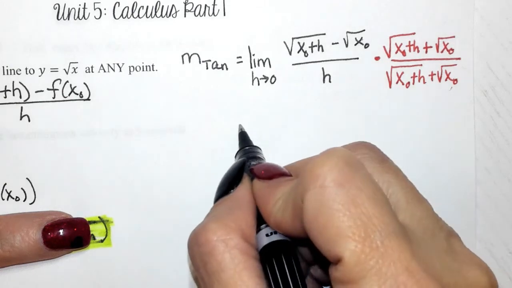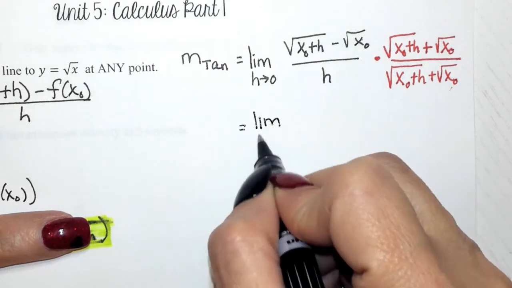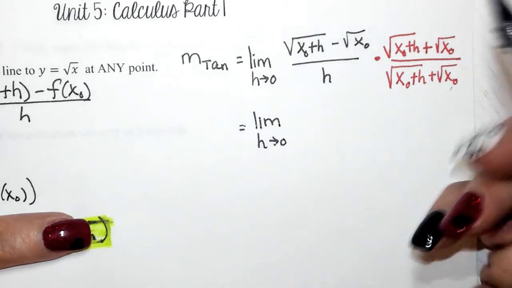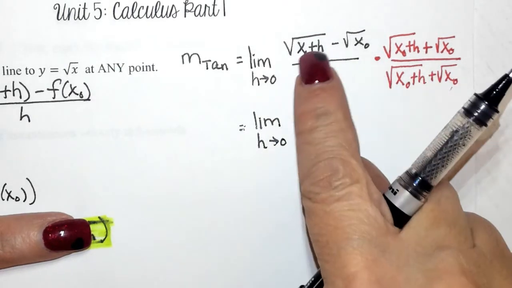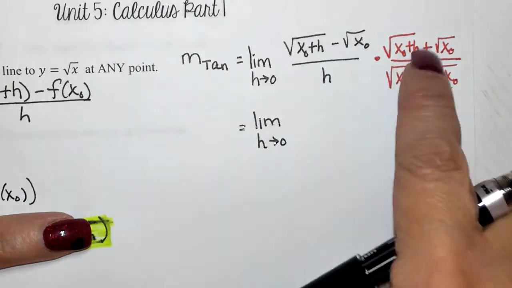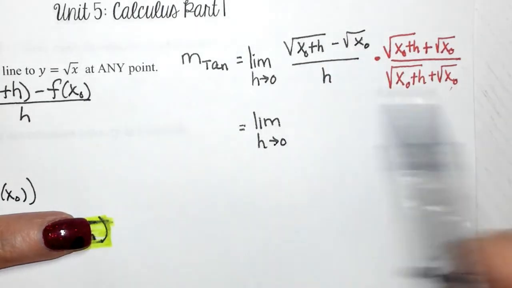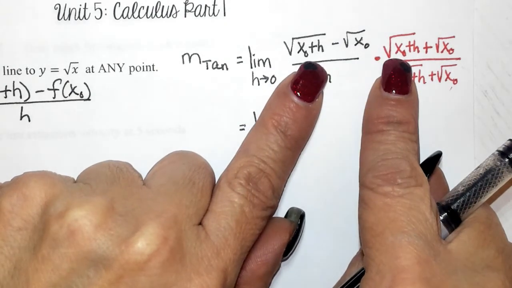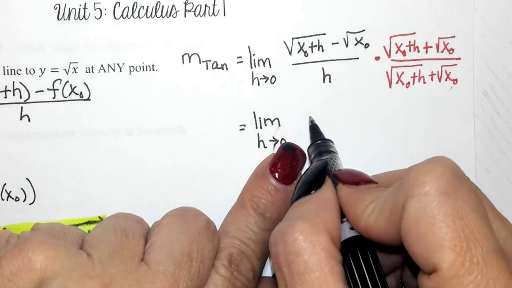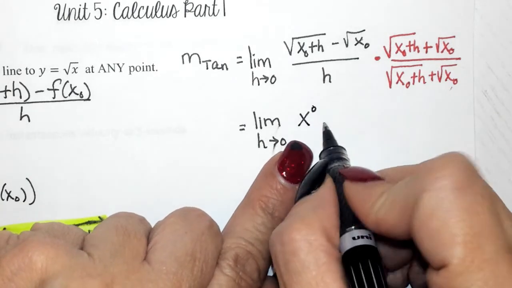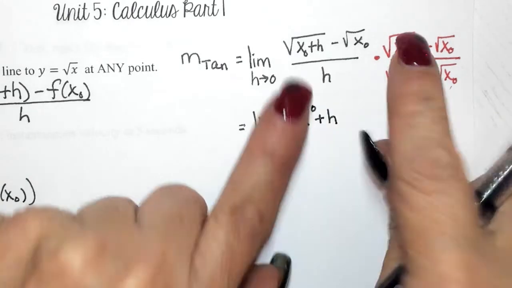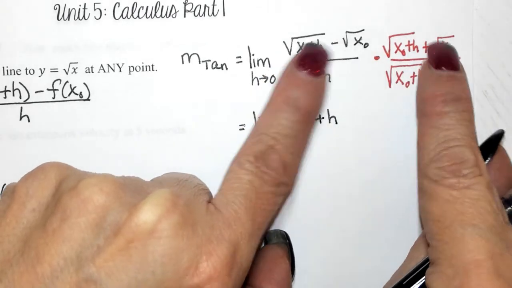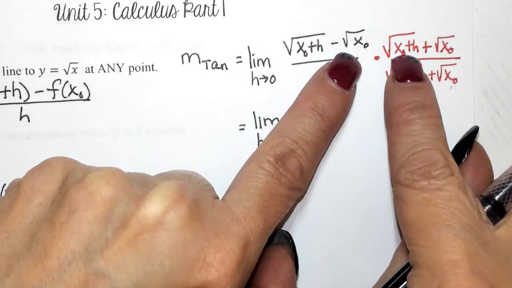So here we go. This is the limit as h approaches 0. Now, we're going to be real careful. When you multiply this, it's like the difference of squares. The middle term's going to go away, right? So here's what's going to end up happening. Basically, you're going to get rid of the radicals, and you're going to end up with x naught plus h here, because your middle terms, one being positive and one negative, are going to cancel out.